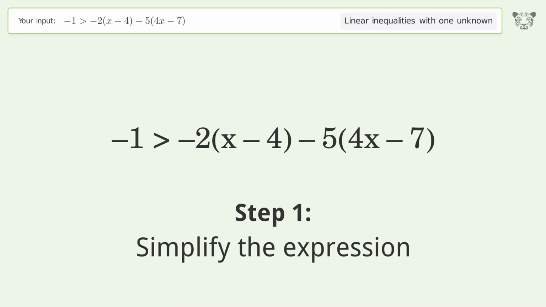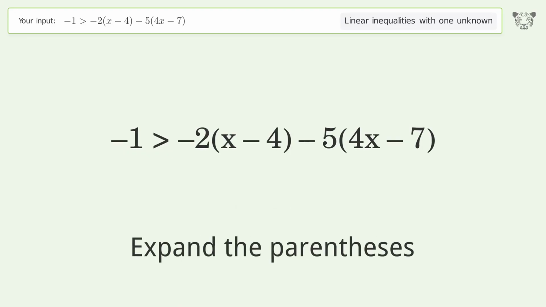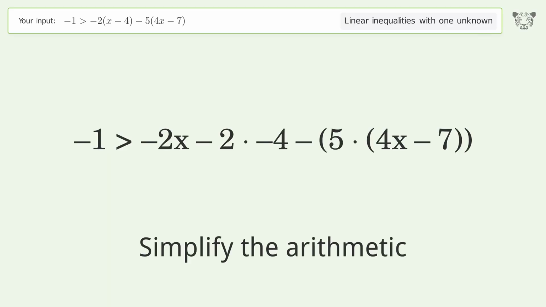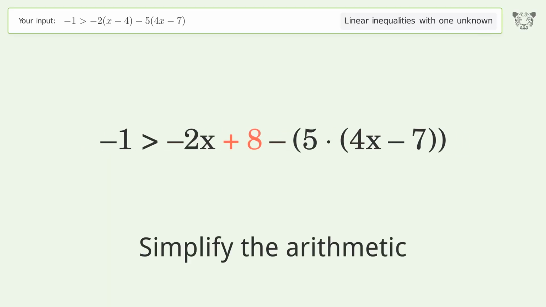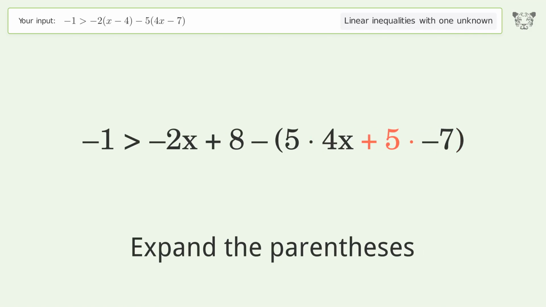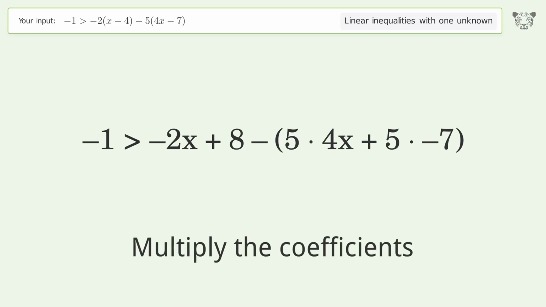Simplify the expression. Expand the parentheses. Simplify the arithmetic. Expand the parentheses. Multiply the coefficients.